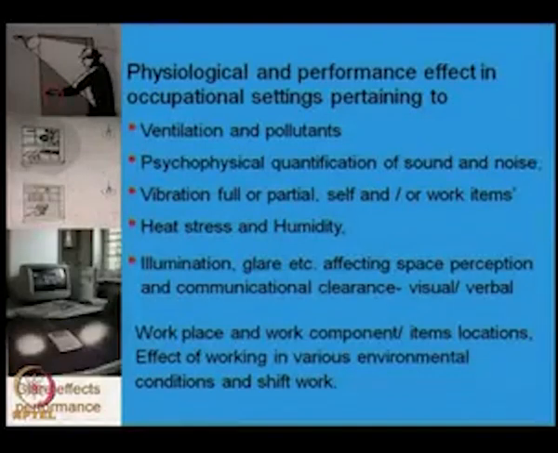Now, glare affects performance. If we keep a computer near the window, light comes to the person. In this case, glare comes. So, the placement location of the equipment also needs to be considered.